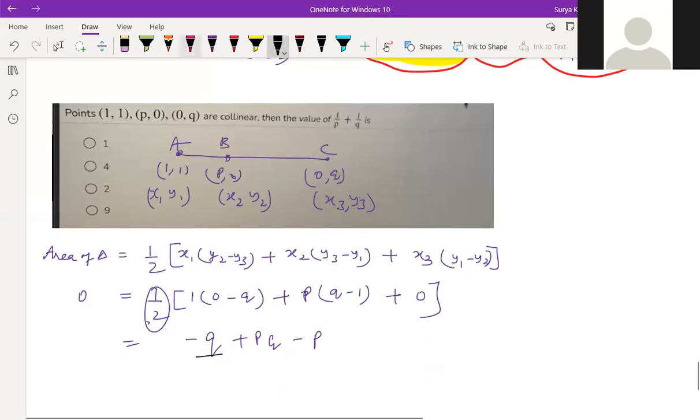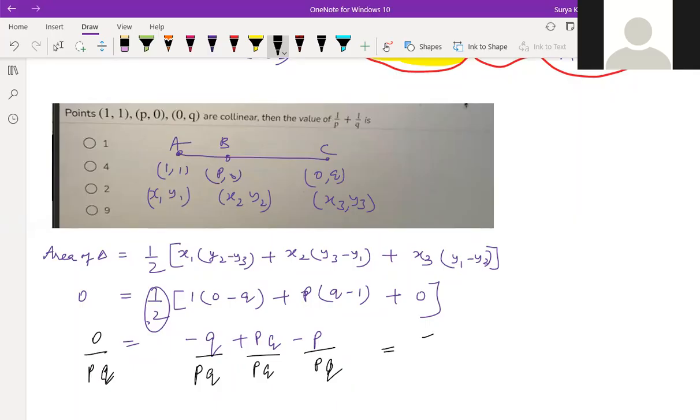How to get 1 by P here? Divide by PQ, okay? Divide by PQ both sides, not a problem, right, Nihar? Yes, sir. That won't matter. So minus 1 by P you get, and minus 1 by q you get.